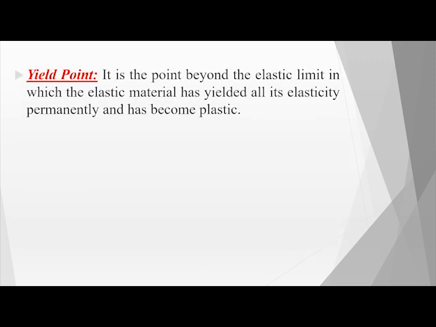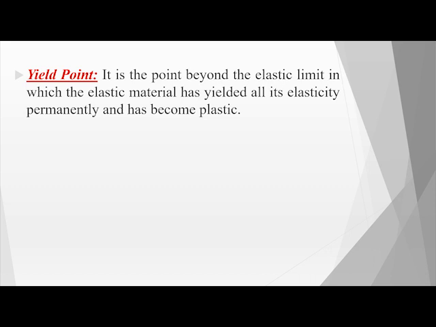Yield point. Yield point is that point beyond the elastic limit in which the elastic material has yielded all its elasticity permanently and has become plastic. This is to tell us that at yield point, an elastic material must have lost its elasticity completely and is now behaving like a plastic.